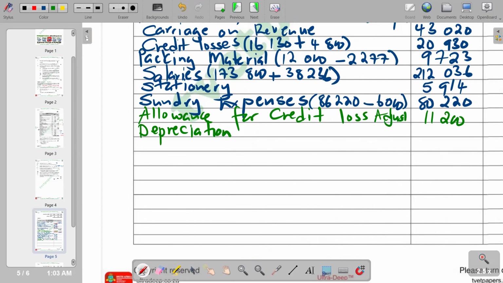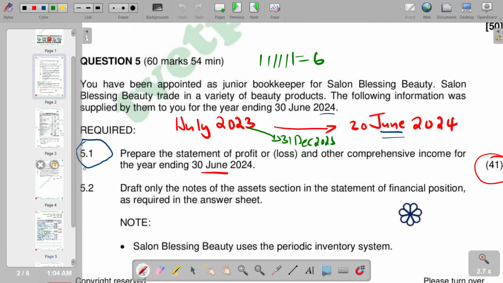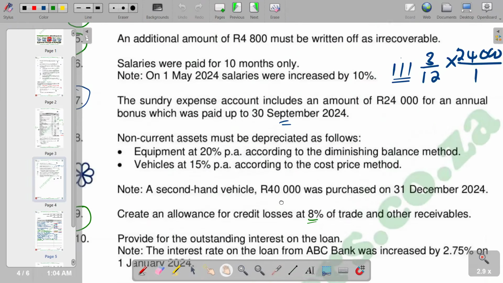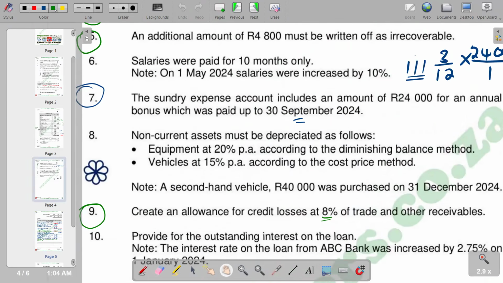Depreciation. So in terms of depreciation, we can refer back to the instruction of the question. If you come to information number 8, it says non-current assets must be depreciated as follows.